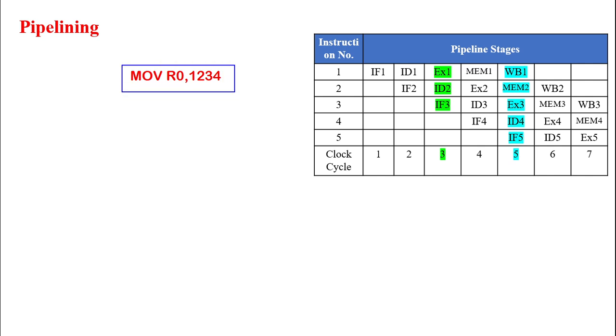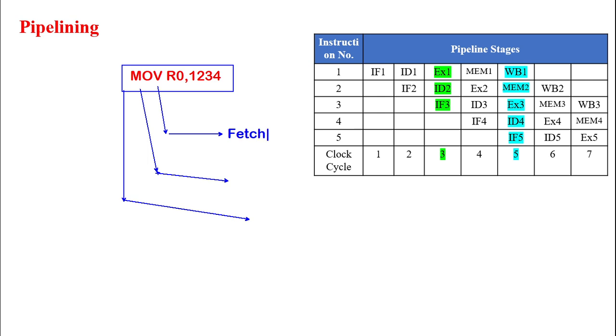This is a very simple instruction, and as I already told, the single instruction will have 3 parts: fetch, decode and execution. So what are fetch, decode and execution? That I'll explain a little later.